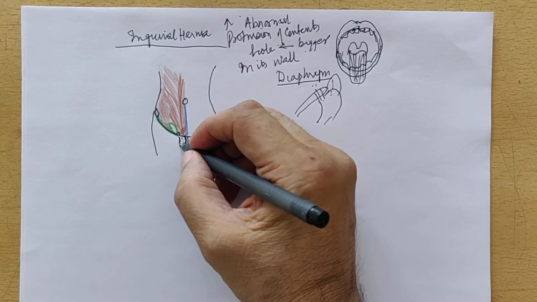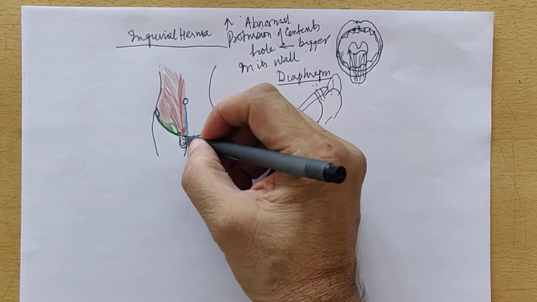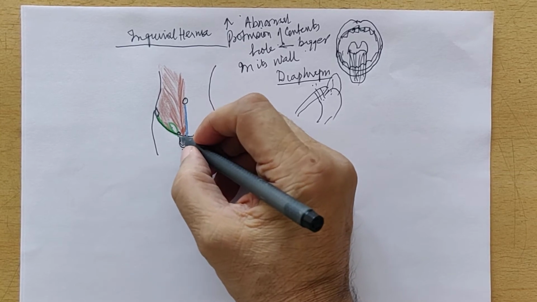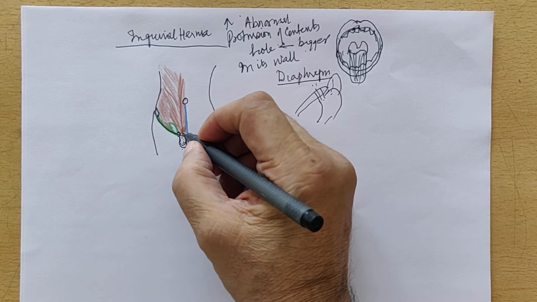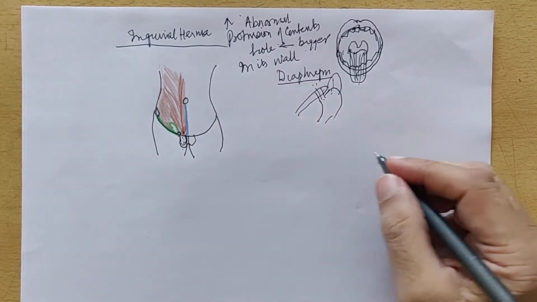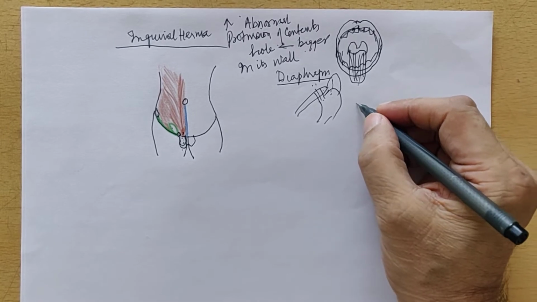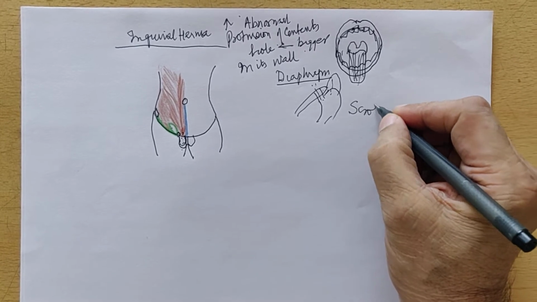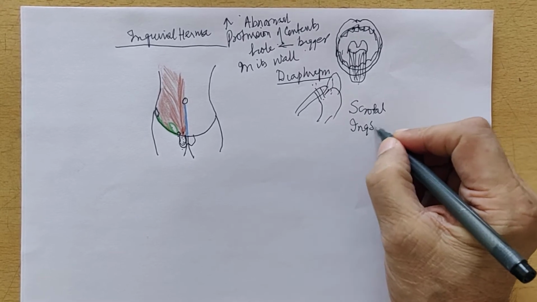The difference between a scrotal swelling and an inguinoscrotal swelling will be that you will be able to reach on top of a scrotal swelling and not on top of an inguinoscrotal swelling. So we note down this very important difference between scrotal and inguinoscrotal swelling.